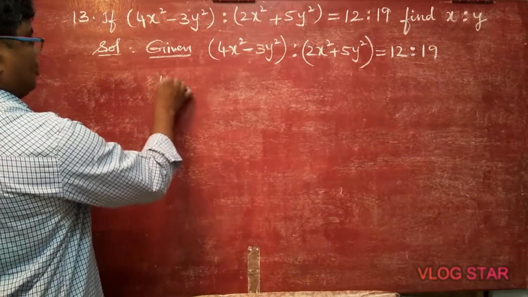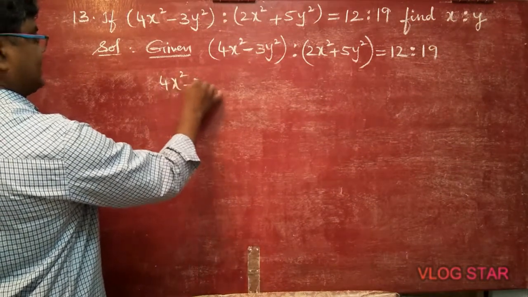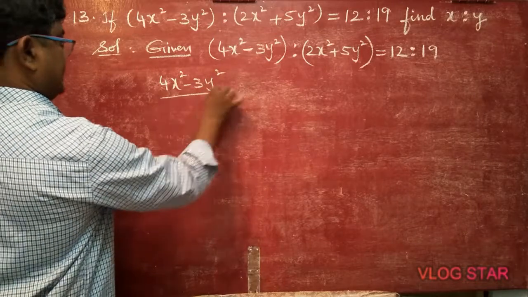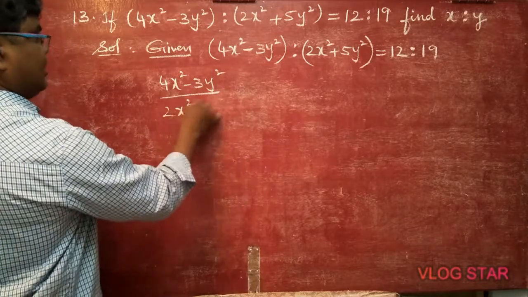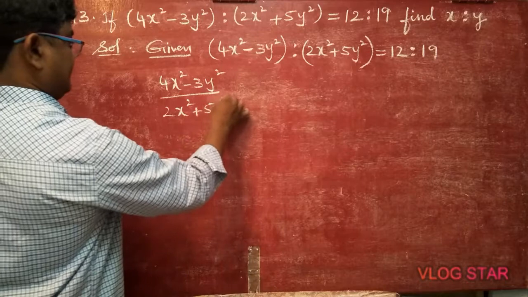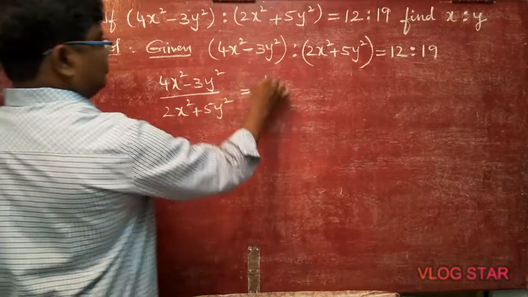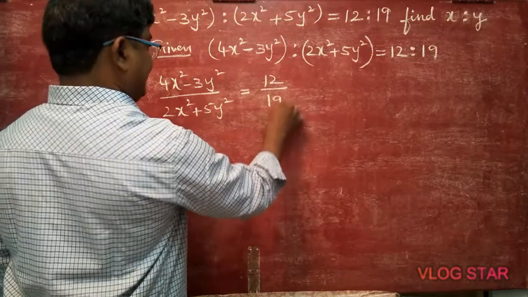Another form: (4x² minus 3y²) by (2x² plus 5y²) is equal to 12 by 19.